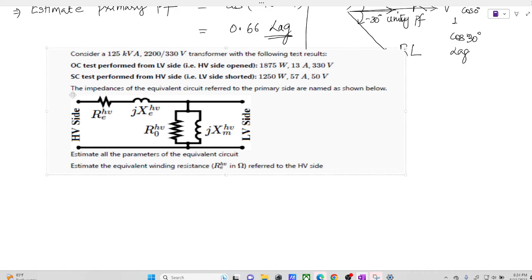The impedances of the equivalent circuit referred to the primary side are named RE HV, XE HV, R0 HV, and the magnetizing branch inductance referred to the high voltage side. They have asked to estimate the equivalent winding resistance referred to the high voltage side. Please solve.